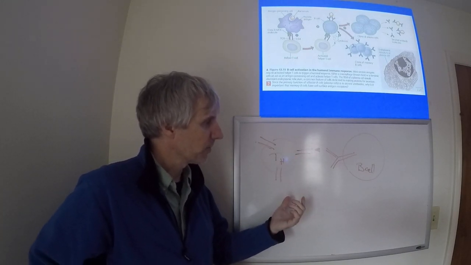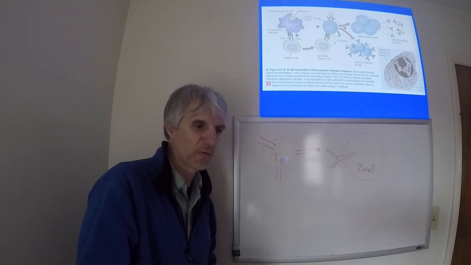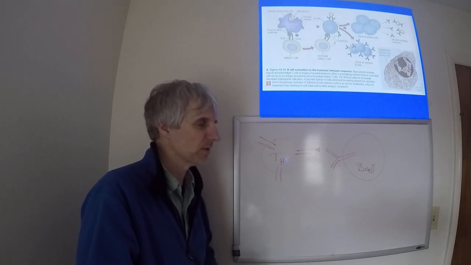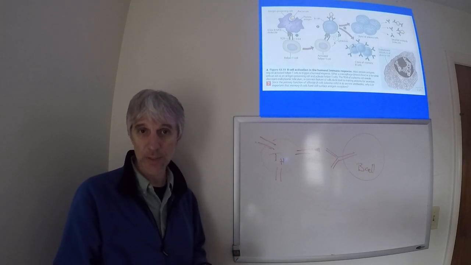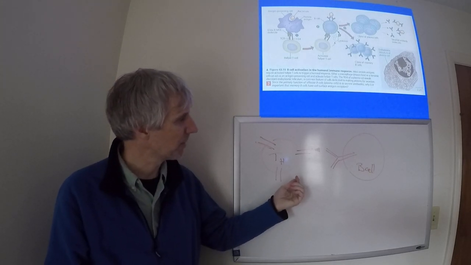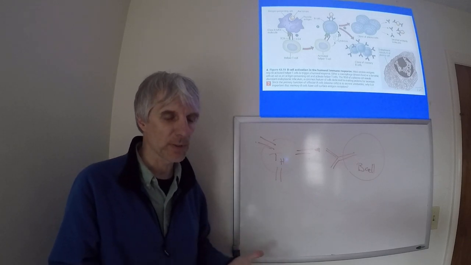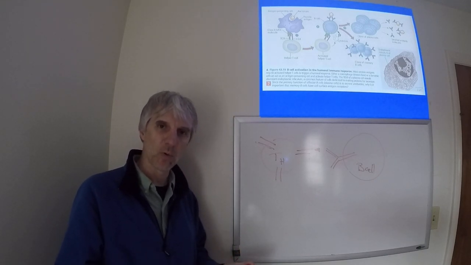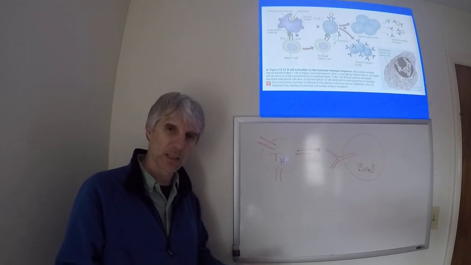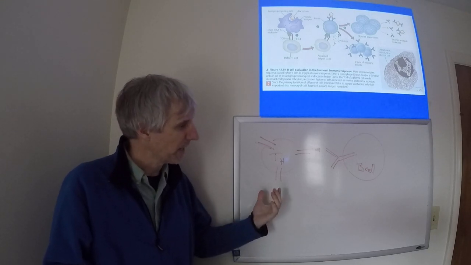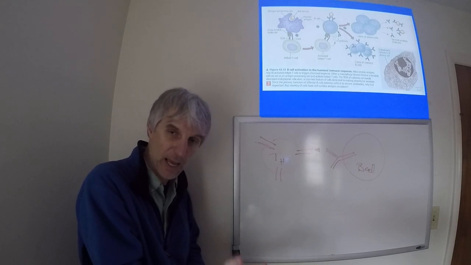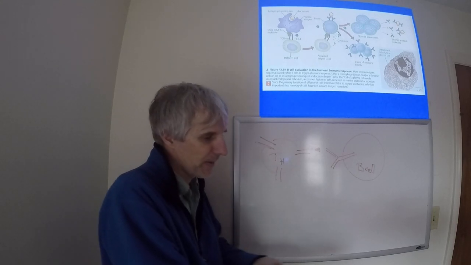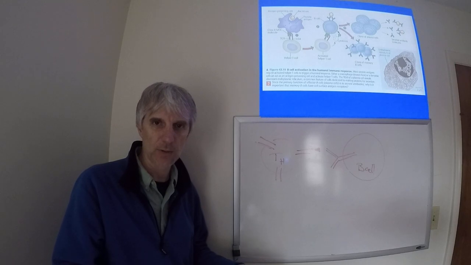The T helper cell picked up this antigen from one of these phagocytic cells, and now what it wants to do is go find a B cell to show it to. My analogy in MCB is to describe the helper T cell as like a 6-year-old boy and the B cell as an adult. And basically what happens is the T cell takes that antigen that it has bound to its receptor and starts showing it to B cells.